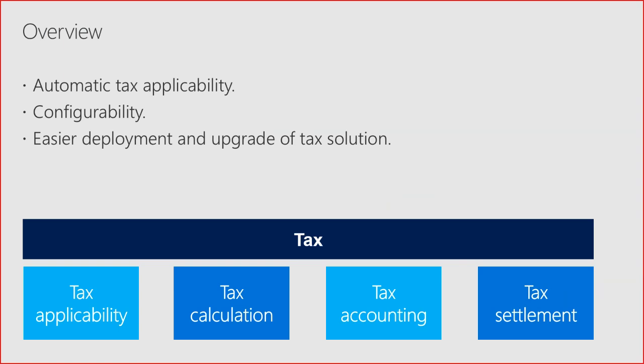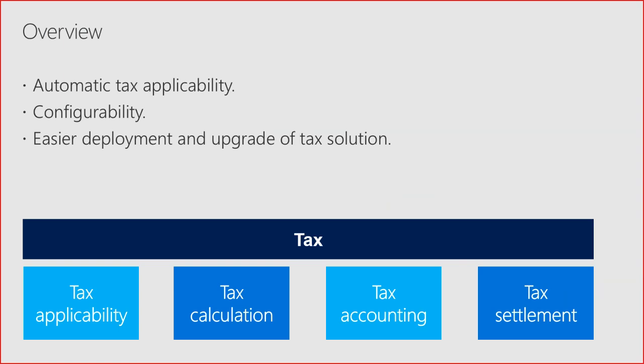And it's fully configurable. Take applicability as an example. In India, if it's an intra-state transaction, then CGST plus SGST will be applicable, and for an interstate transaction, IGST will be applicable.